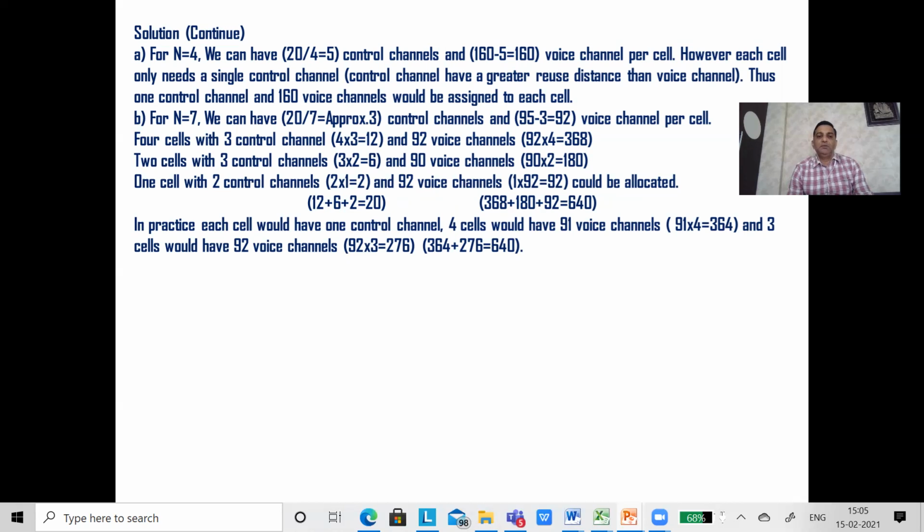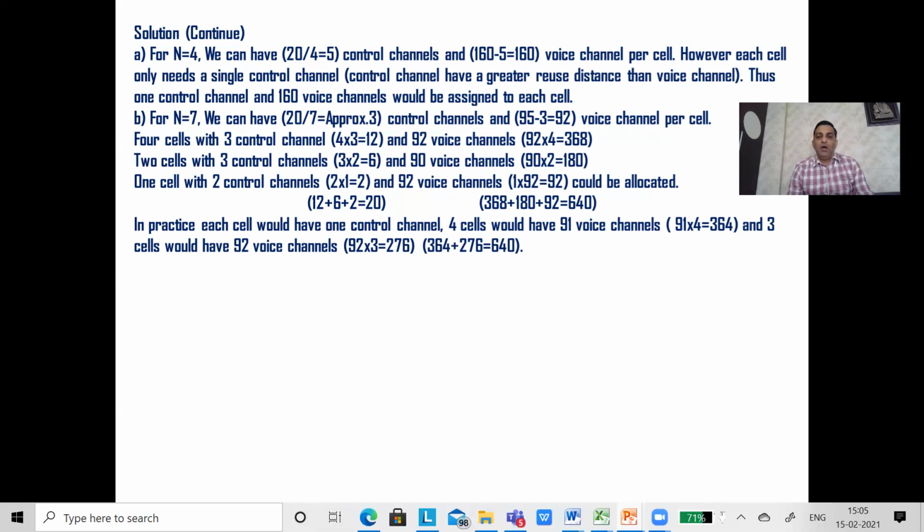Then for 2 cells with 3 control channels, 3 into 2, that is 6, and 90 voice channels, 90 into 2, that is 180. Similarly, for 1 cell with 2 control channels, 2 into 1, that is 2, and 92 voice channels, 1 into 92, that is 92, could be allocated, right?